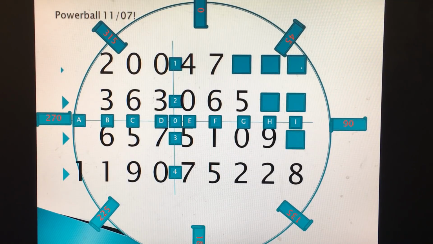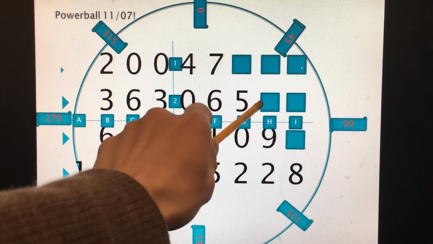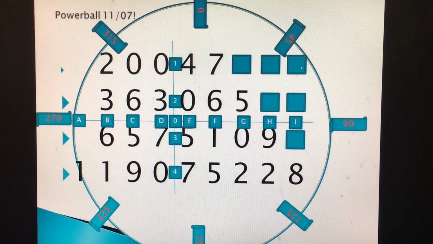Even though the code Dster is in this section, I might use the code Dster 35 and place a 3 in the blue box, because the code Dster 35 breakdown is used for tonight's Powerball drawing.